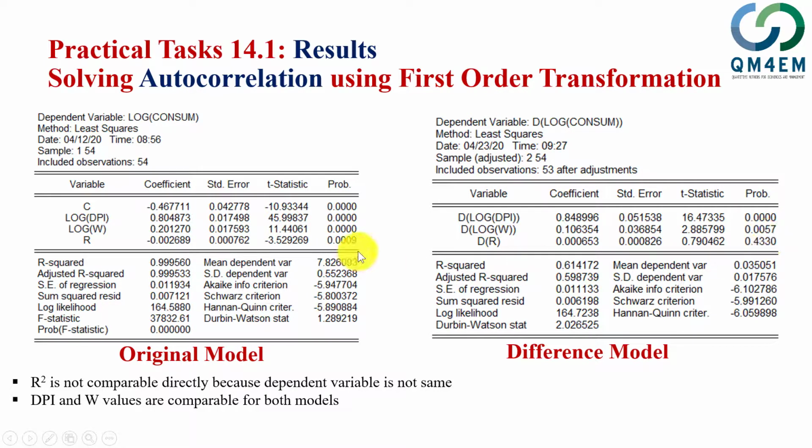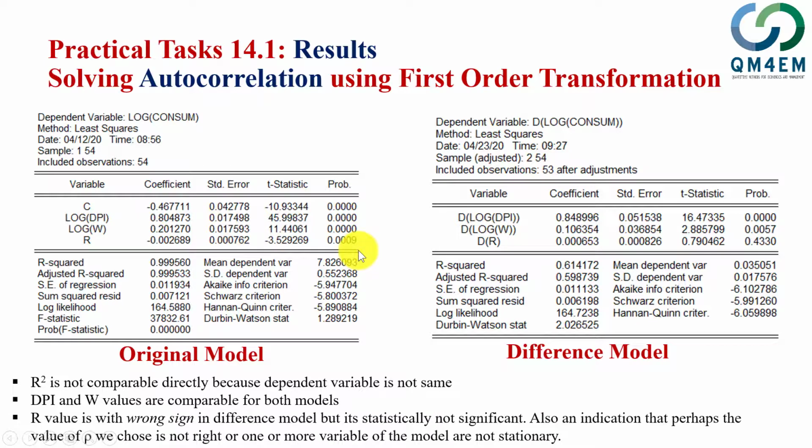You can also argue on the sign which is different for R. This is statistically not significant, so in technical terms it's not influencing the consumption. That's the most plausible explanation. However, there could be some other reasons for that as well.